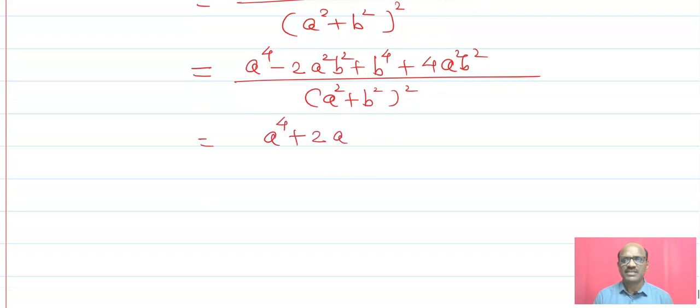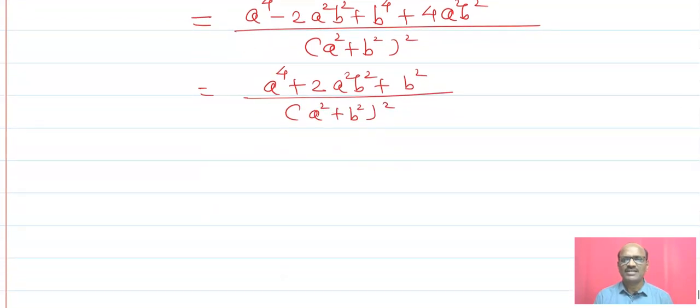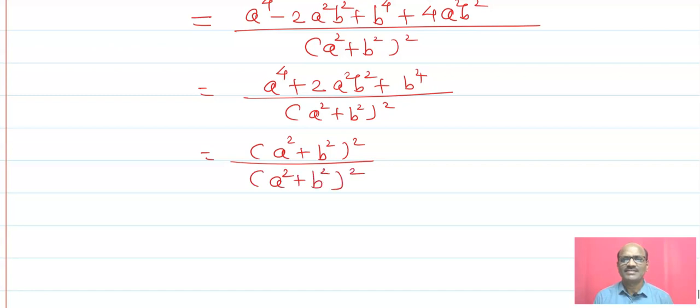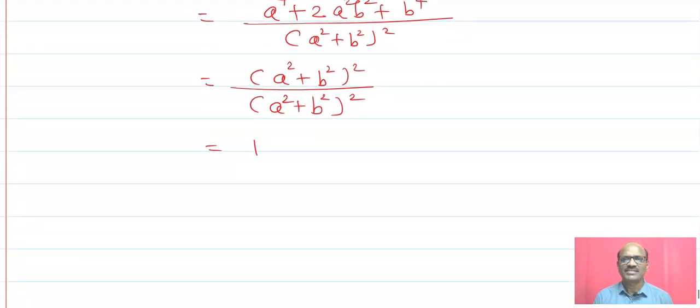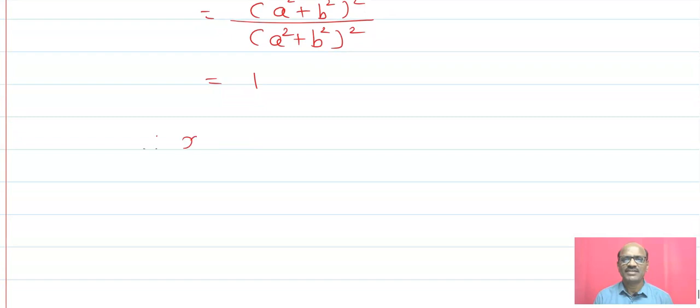Now this is a raised to 4 plus 2 a square b square plus b raised to 4. I had written b raised to 2 there, but it is b raised to 4. These two terms get cancelled and you will get the value x square plus y square is equal to 1.